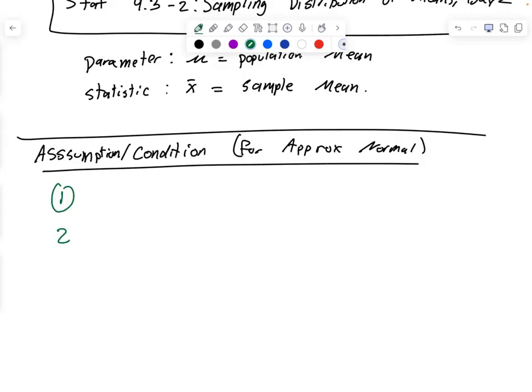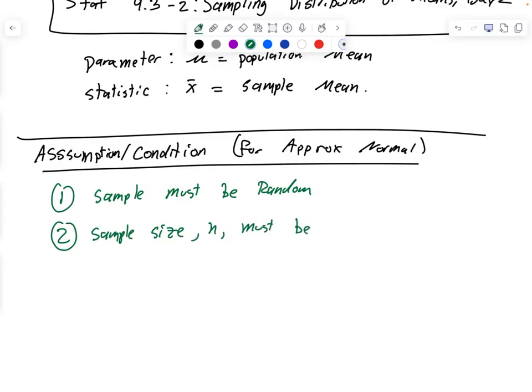The first two conditions are the same. The sample must be random, and the sample size, n, must be less than 10% of the population.